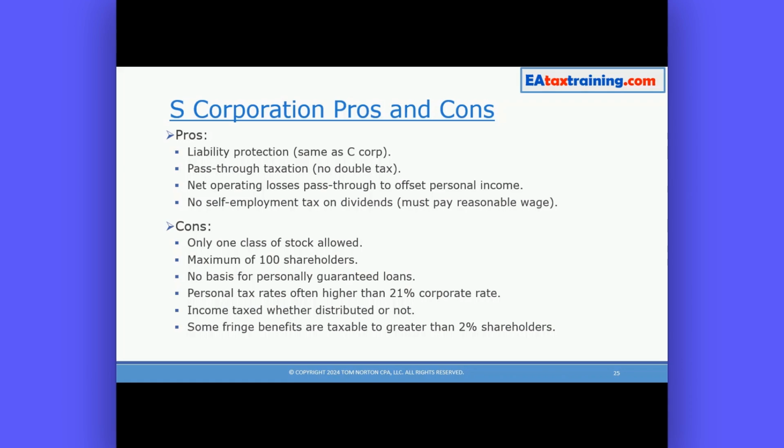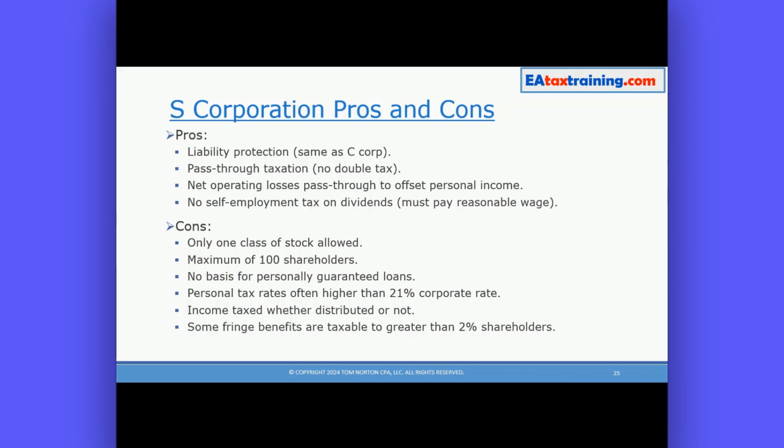The personal tax rates are often higher than the 21% corporate rate. So remember, we said with a C corporation, the C corporation pays a flat 21% tax on their profits. And we said that with an S corporation, the profits pass through to the shareholders. Well, an individual shareholder, the highest possible tax rate for them is 37%.